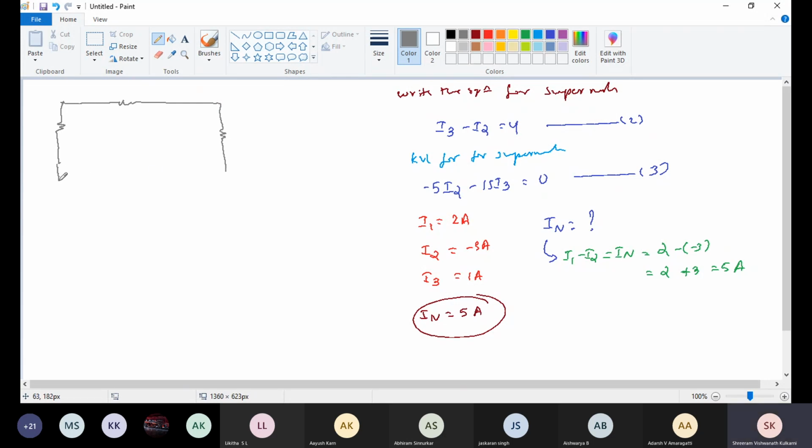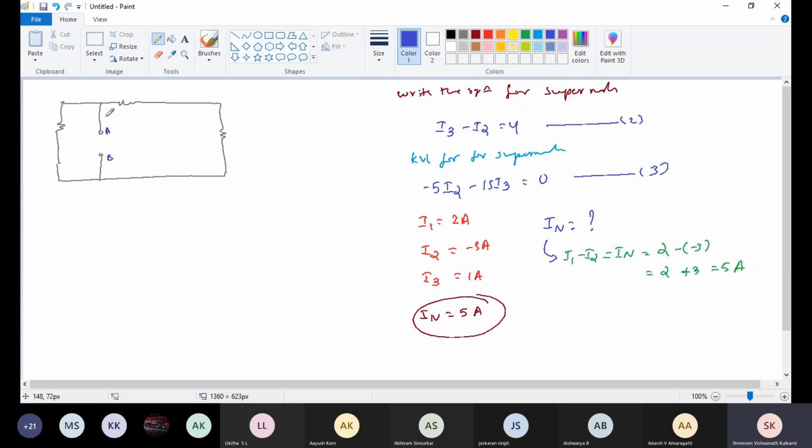Same steps we are going to follow. Open circuit the current source, short circuit the voltage source. Here this is the 10 ohm resistor. I am going to replace it with an open circuit for calculation of Rn. Here I'll mark this one as A and B.